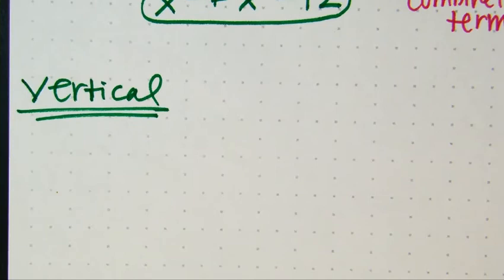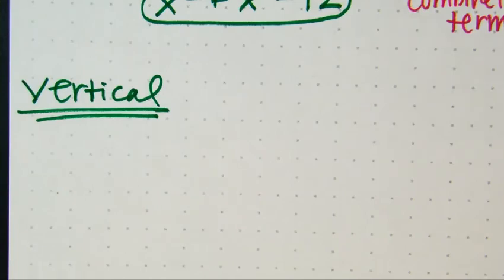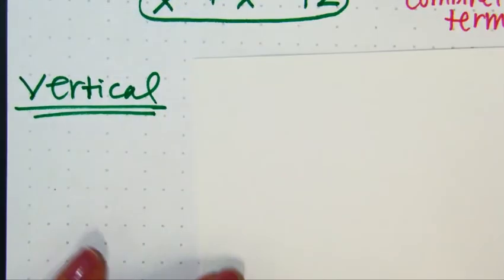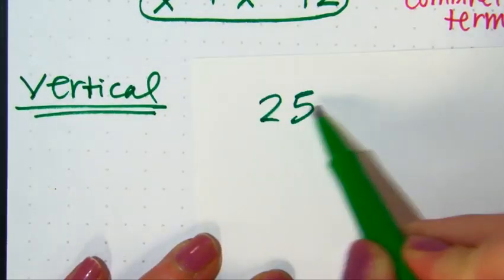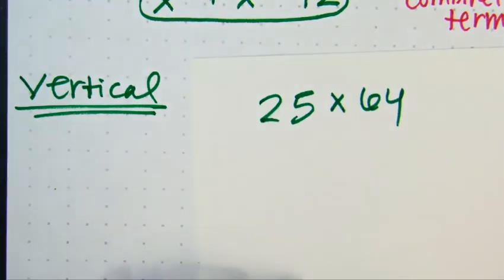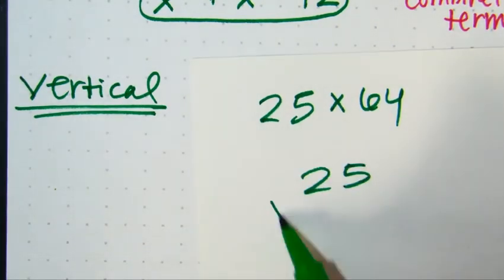So the process with the polynomials matched the process with numbers. When we multiply vertically, the process for multiplying our binomials is going to be very similar to multiplying large numbers. So for example, if we were multiplying 25 times 64, you would stack them up, right?